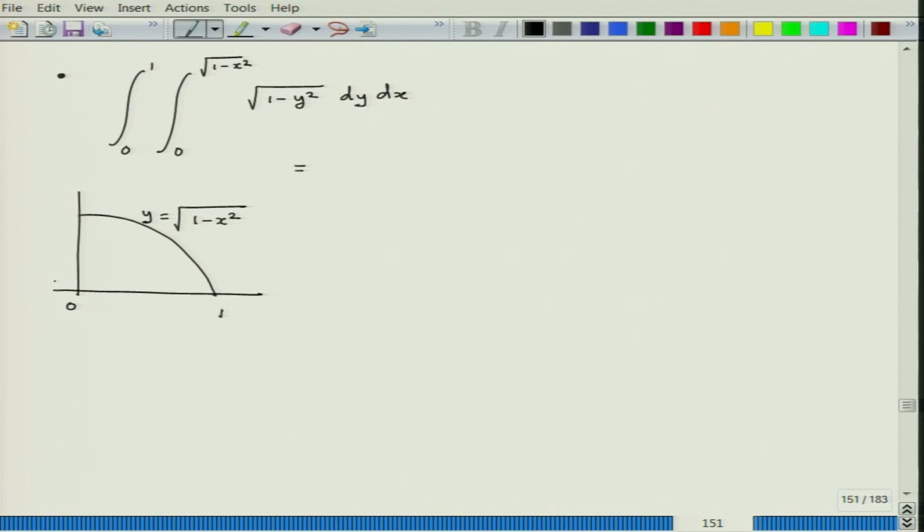It is also a type 2 domain where psi 1 is 0 and psi 2 is root over 1 minus y square. So, it can also be written as the integral from 0 to 1, 0 to root over 1 minus y square, dx dy.